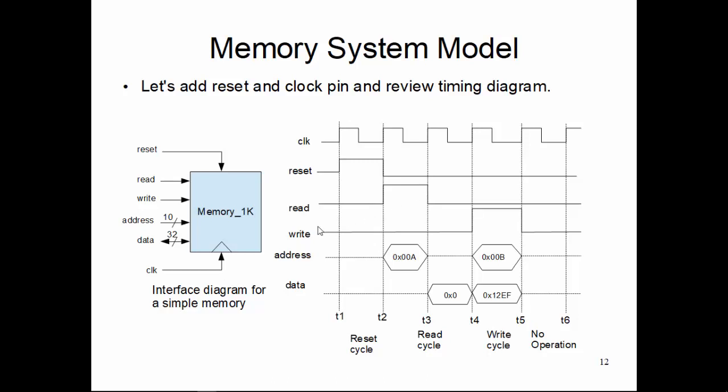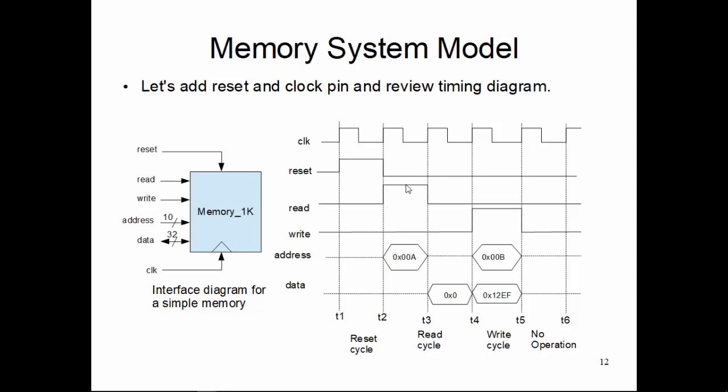Let's say for this memory, the treaty between this memory and the rest of the subsystem of the computer is that it will take one clock cycle to produce a result.